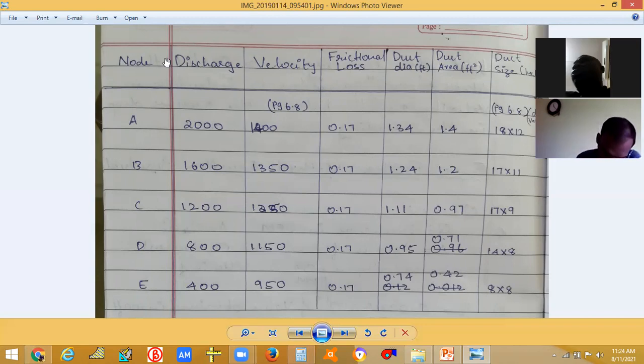Let me know. Okay. Do the same method as we did for node B. Equate in the friction loss equation. Find out the D value in inches, then convert it into feet, then give it in the formula A equal to pi by 4 d square and find the area. If you find the area, equate in the equation Q is equal to A into V. You know Q and you know A, and from there you find V. That's all.